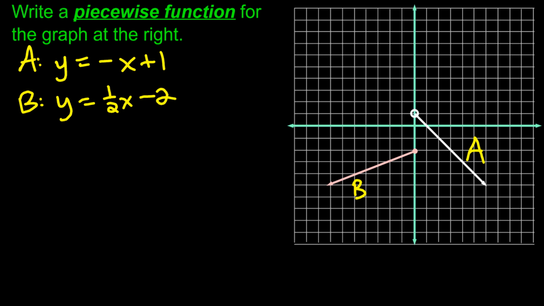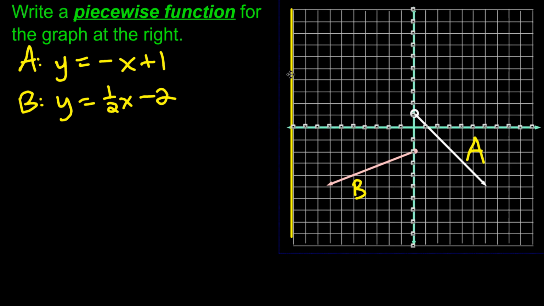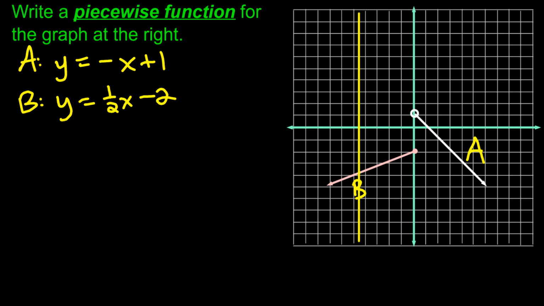And so what I want you to see here is that A and B are broken up right at the y-axis. So I'm going to get a vertical line here to drag across. What I want you to notice is that the pink one keeps going.